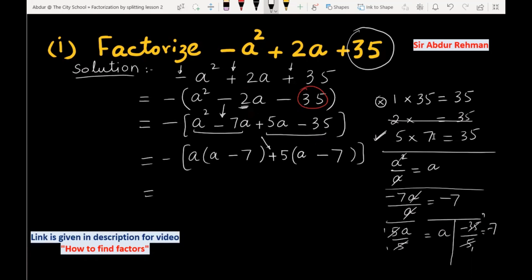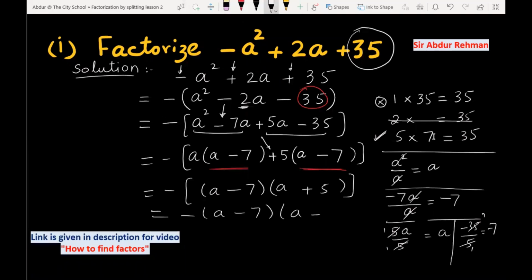Now in this part, a minus 7 is common. So I'm going to write minus, a minus 7 is common here, and the remaining is a plus 5. This is our answer: minus (a minus 7)(a plus 5).